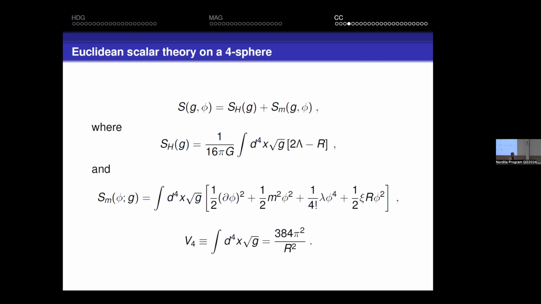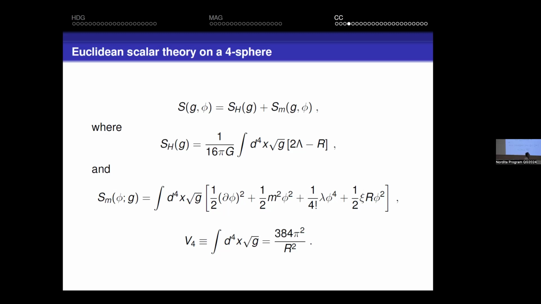We are now not doing really quantum gravity, but we are in the context of semi-classical theory, where you have a quantum field, the quantum scalar field in this case, coupled to a dynamical classical metric. So the metric is classical but dynamical. It has an action which is just Einstein-Hilbert with a cosmological term, and the quantum field is a scalar field with a mass, quadratic coupling and non-minimal coupling.